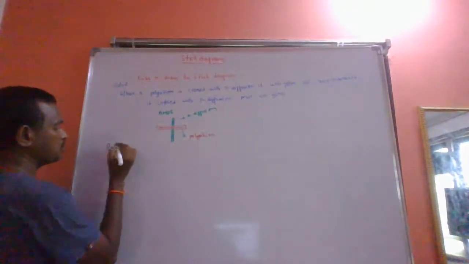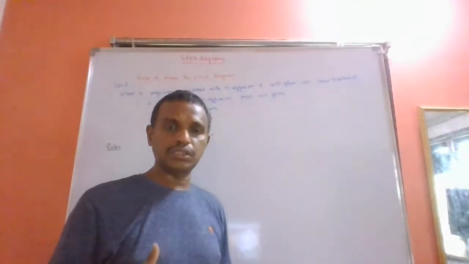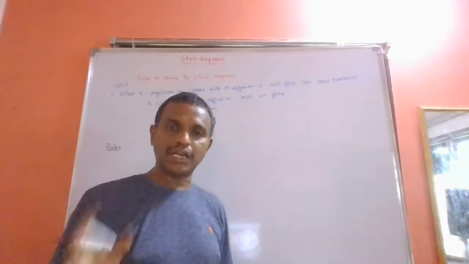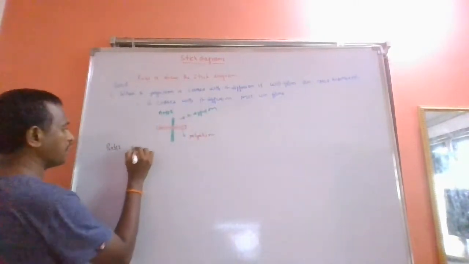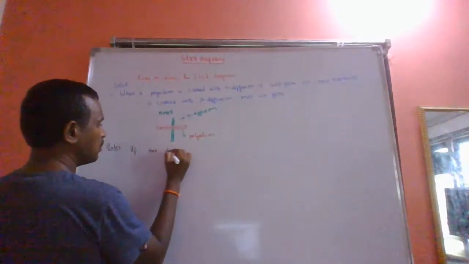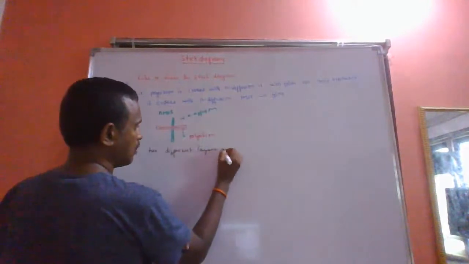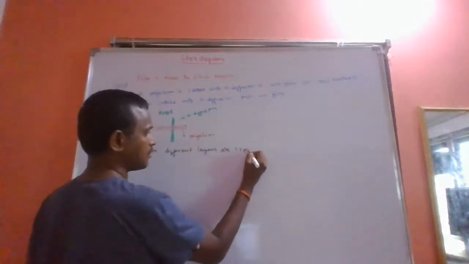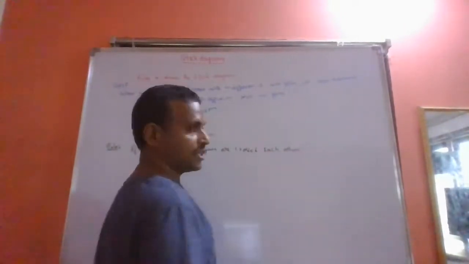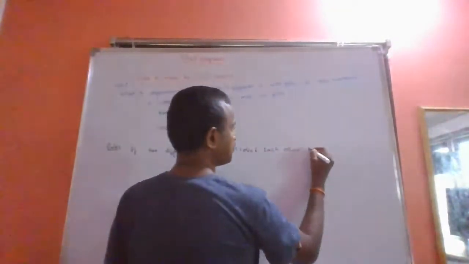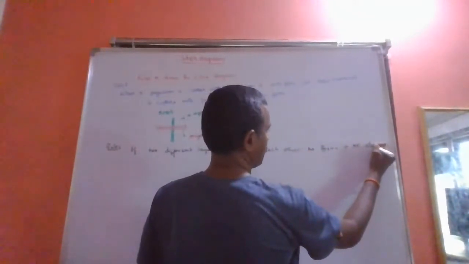Rule 2: whenever two different layers are crossed with each other, there is no electrical contact between them.